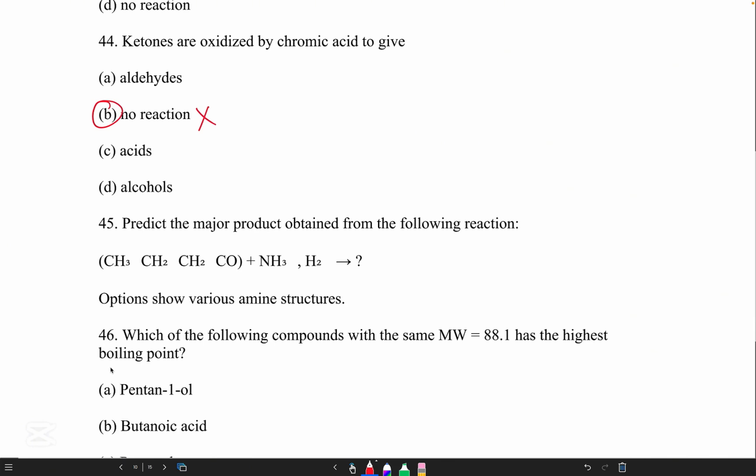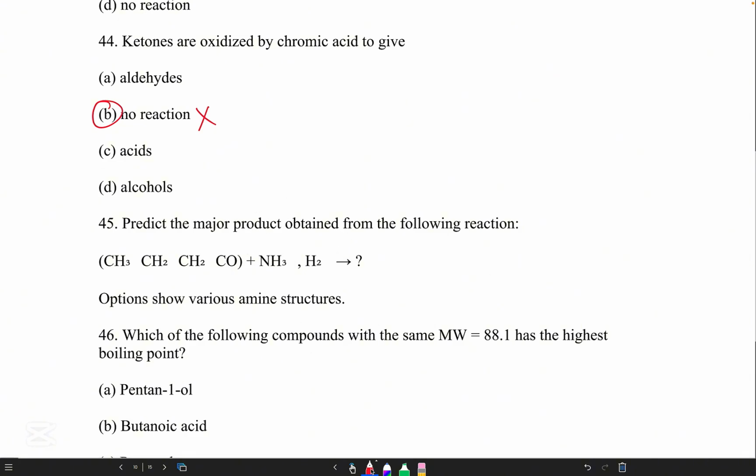Predict the major product obtained from the following reaction. Now you have the reaction here.